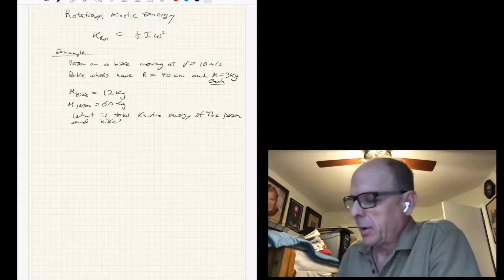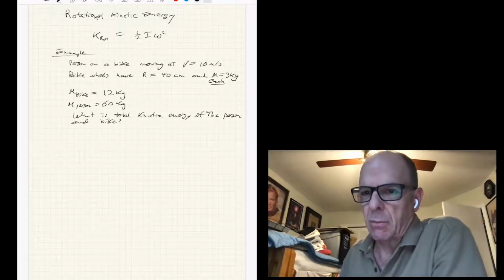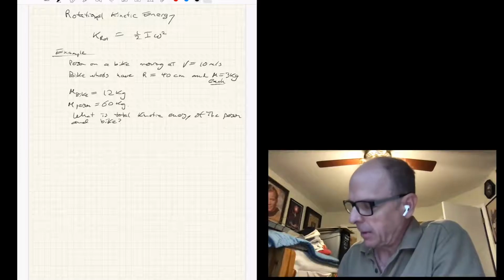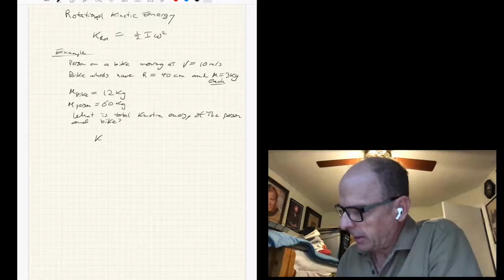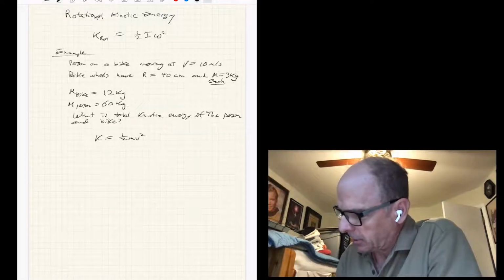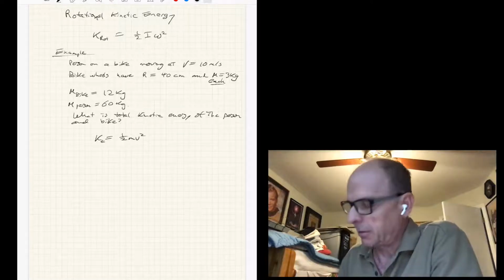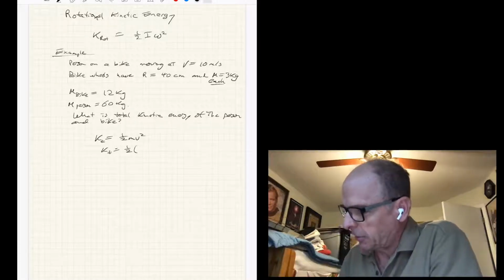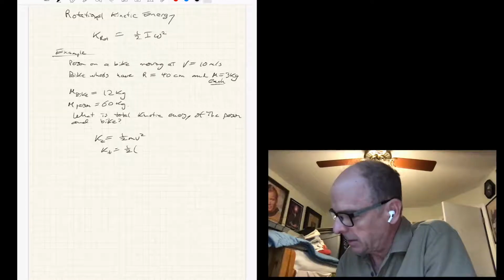Okay, so before we had to worry about rotational kinetic energy, we would have said that we've got a translational kinetic energy that's just 1/2 mv squared. And so in that case, let me put a little t here for translational. K_t is 1/2 times the mass of the person plus the mass of the bike.